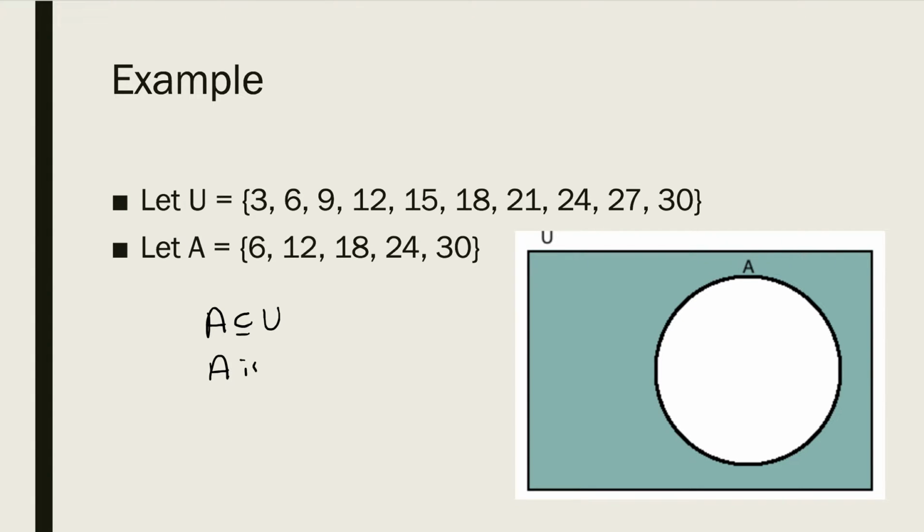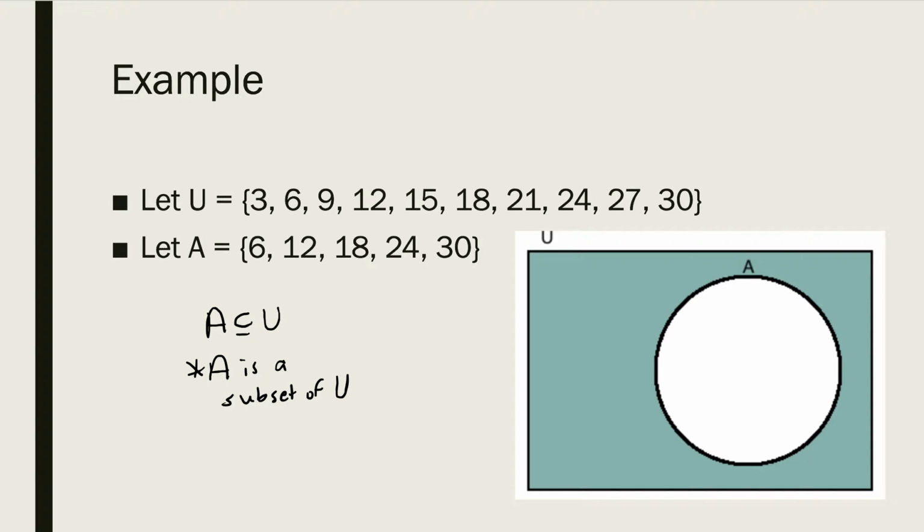but then I'm also going to write it in words so that we can see it. So A is a subset of the universal set. Now, how do I know that that's true? Remember that in order to be a subset, every element has to be contained in the other set.